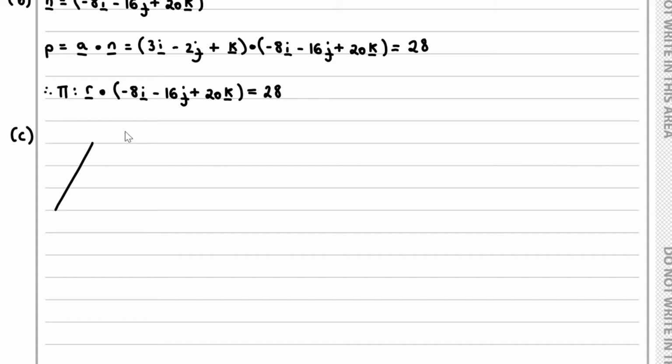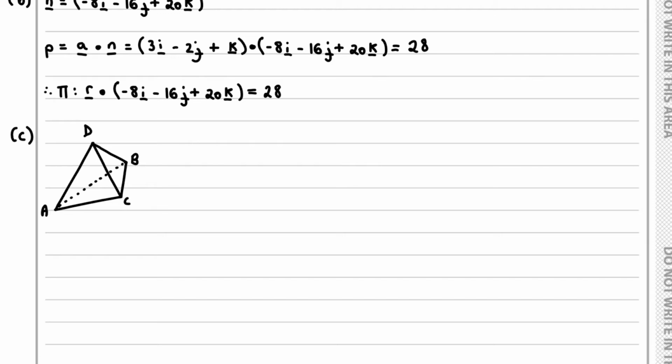So if we sketch it out, we have something looking like this. Let's show the other line over here. So we've got the vector A, the vector B, and the vector C, and then some point D.